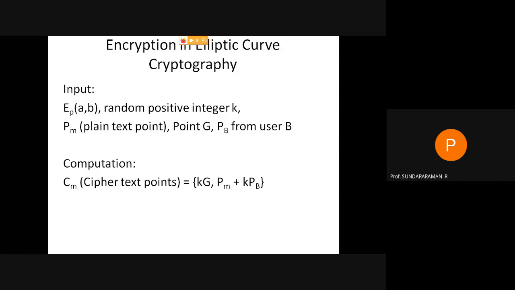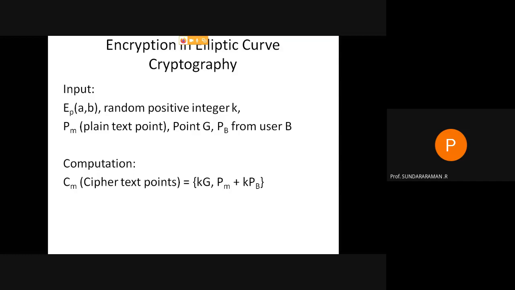You just understand that point G is separate, plain text point is separate, right? Now, I am not going to share the plain text point as such with user B. User B will get only Cm, and from the Cm he or she is going to decipher the Pm. But user B will know the point G, because this is similar to the operation that we performed in the key exchange algorithm.